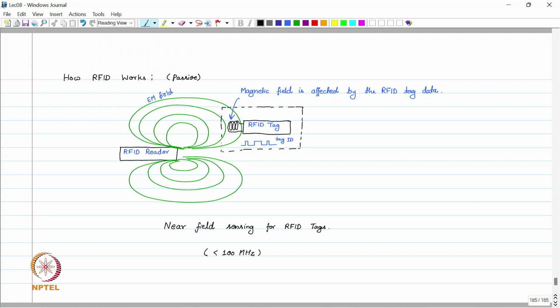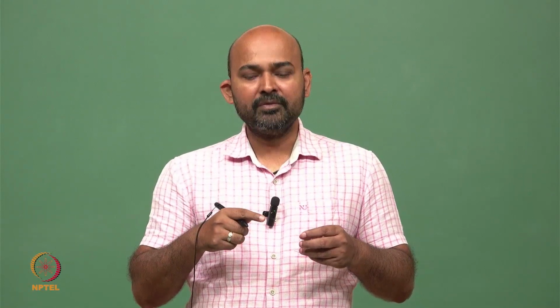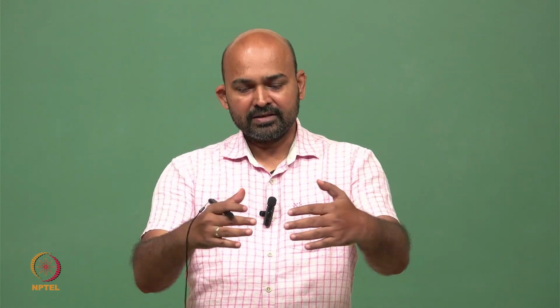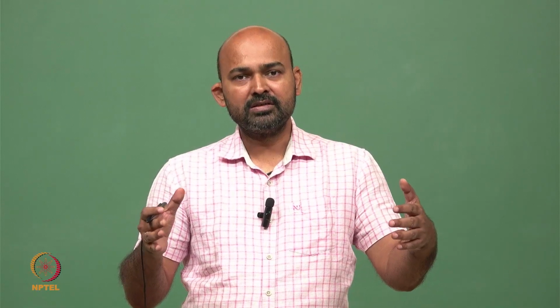So in this system we have an RFID reader. This reader has an antenna or a system which produces this alternating EM field. So this RFID reader has a certain area where the strength of this electromagnetic field is sufficient.